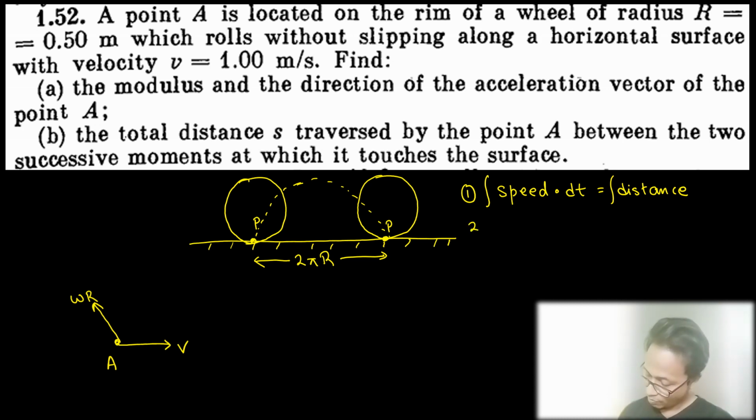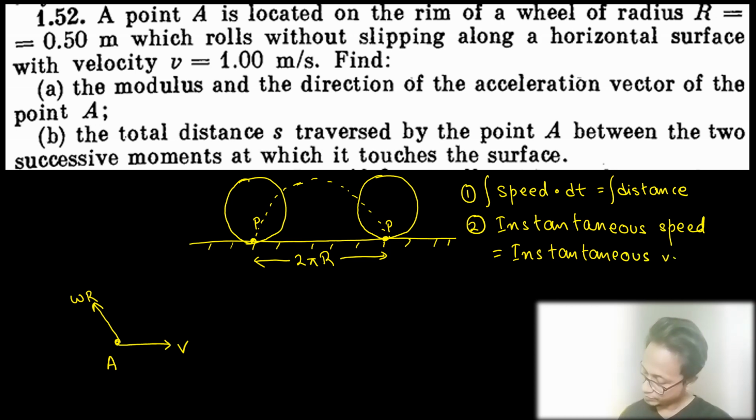One more important factor you have to note out here is instantaneous speed is equals to instantaneous velocity. So that means you have to make use of these 2 points. Integration of speed with time is equals to distance, and instantaneous speed is equals to instantaneous velocity.